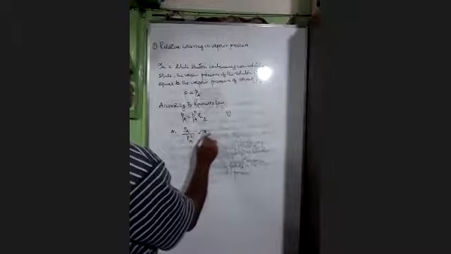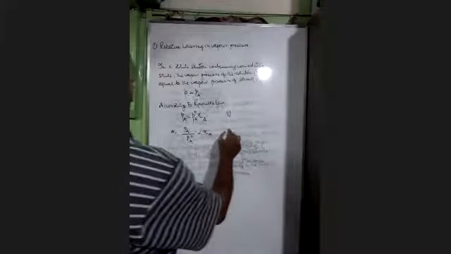Okay. So let me write. Or I don't know how it is being done in your book. So I can write PA is equal to PA0 chi A. Let me write this as equation 2. See, it is a binary solution.